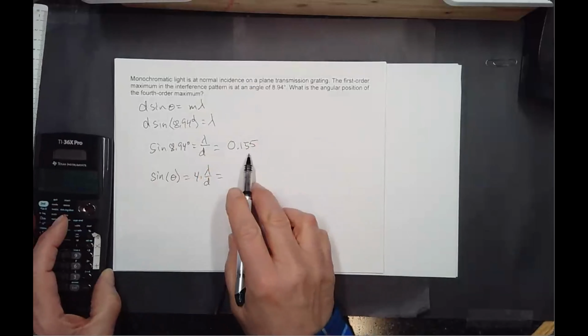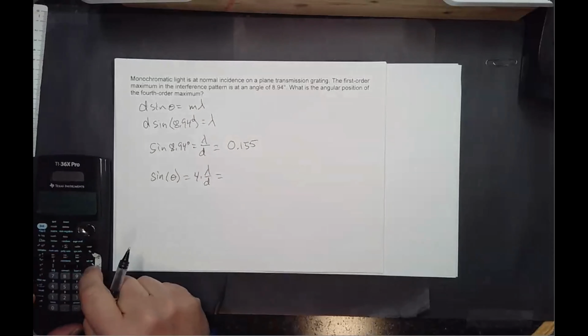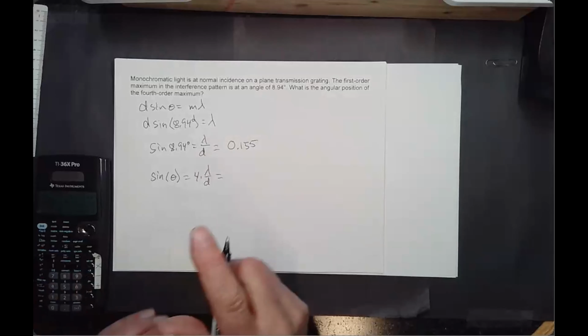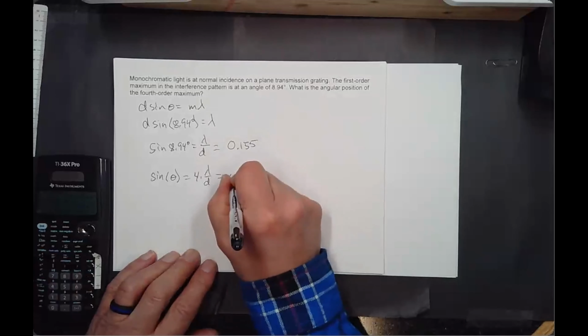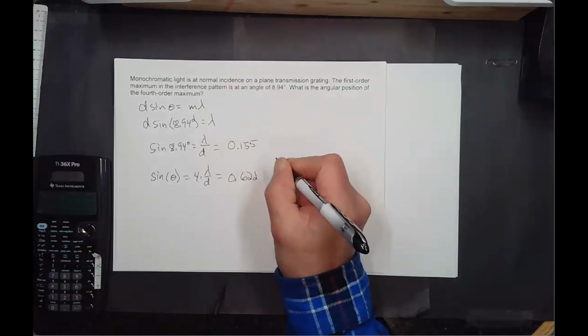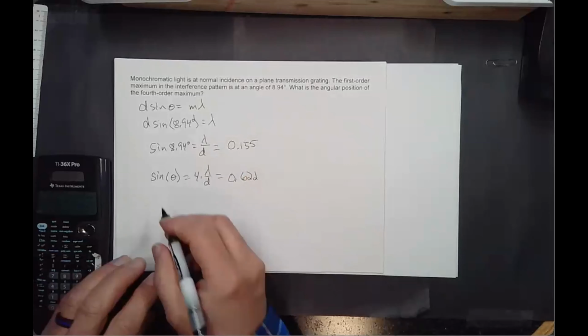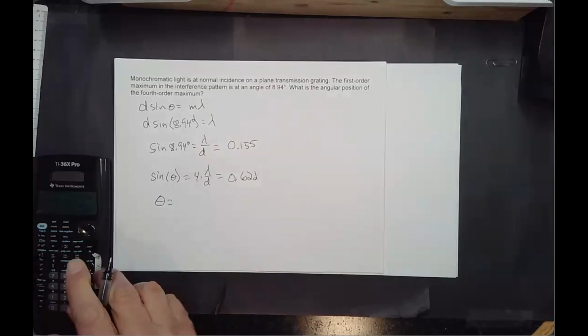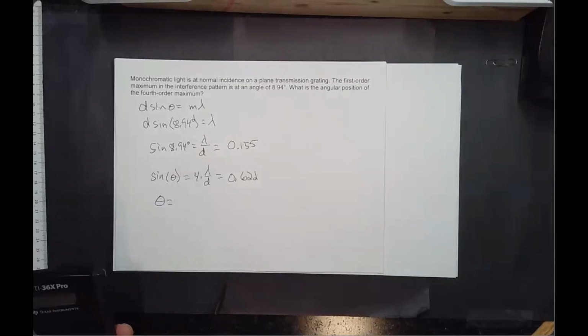So I just multiply that by 4, and that'll equal 0.622. So theta is going to be whatever the inverse sine of that happens to be.